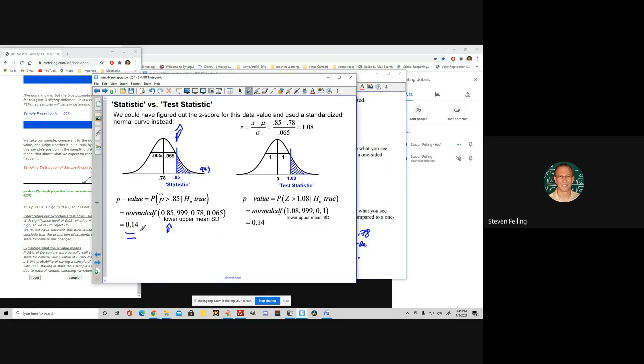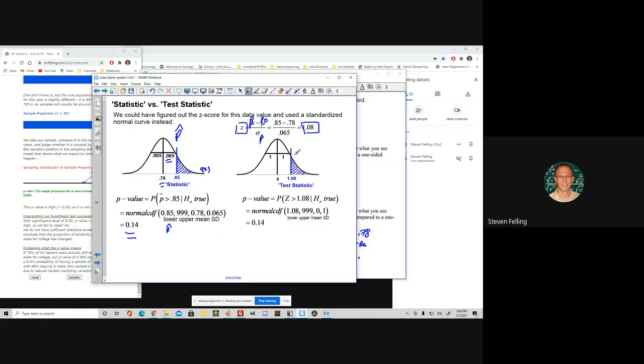But if you wanted to, you could take the p hat value we got, subtract it from the null hypothesis value, and then divide by the standard deviation that we calculate for p hats. In other words, take that same 0.85, say the null hypothesis value was 0.78, see how far away it was, and then divide by the standard deviation to get a z-score.